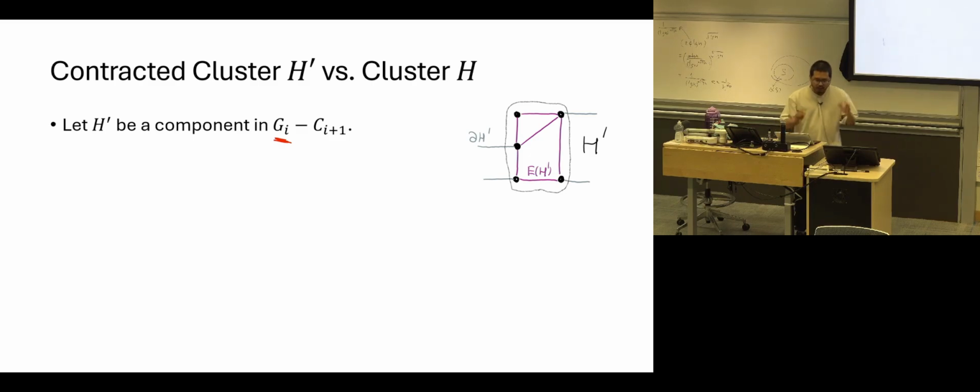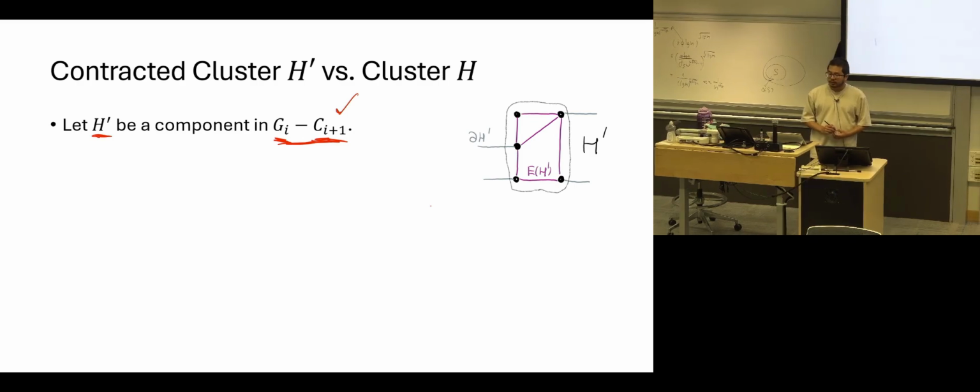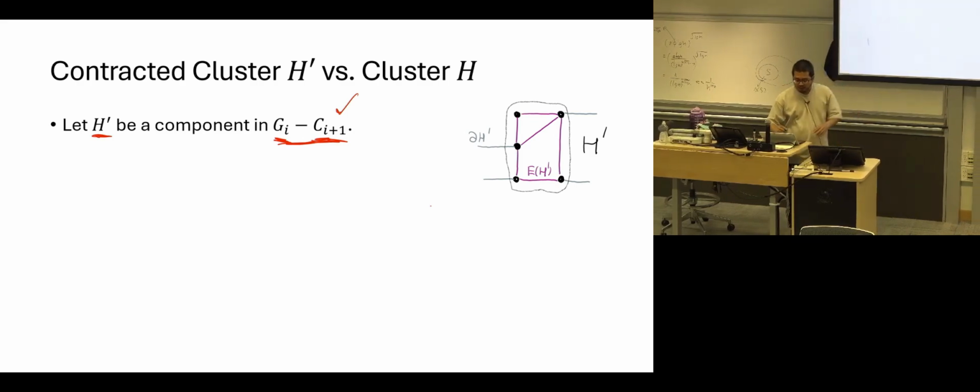Look at G_i after you have contracted i times already, and then you get a cut. This is just the expander decomposition. Look at this graph. There is some component H prime. So you have G_i, phi expander decomposition, cut it, and this is one component.